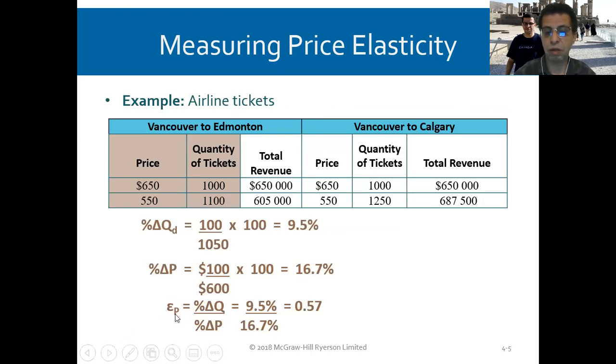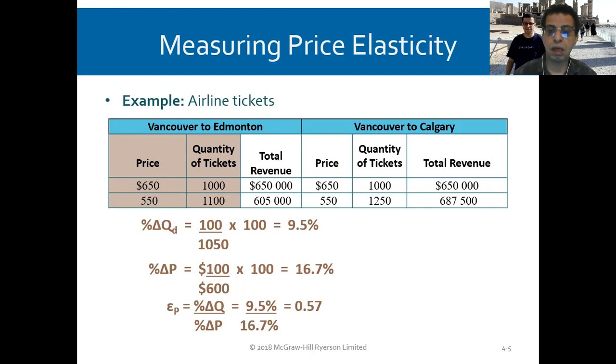So to calculate the elasticity of price, you get the end result 9.5%, or 9.5% change in quantity, when there is a 16.7% change happening in the price. And the elasticity is 0.57.